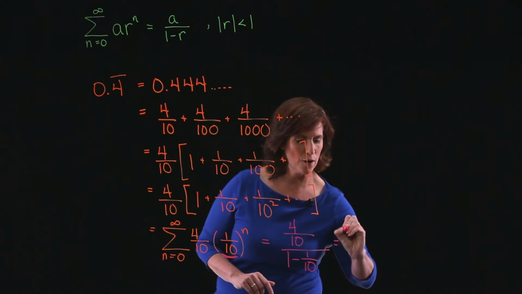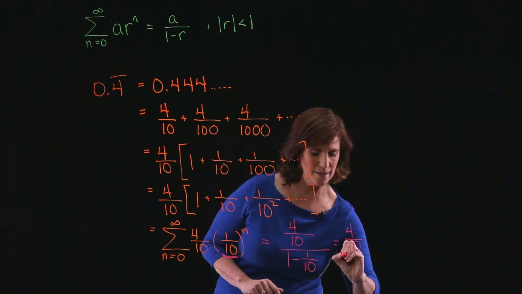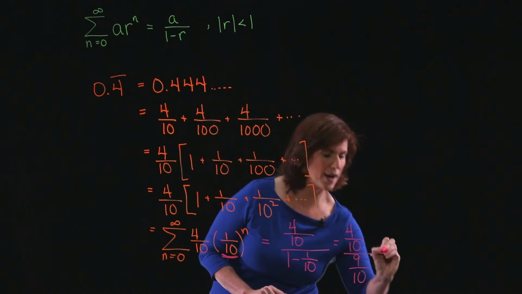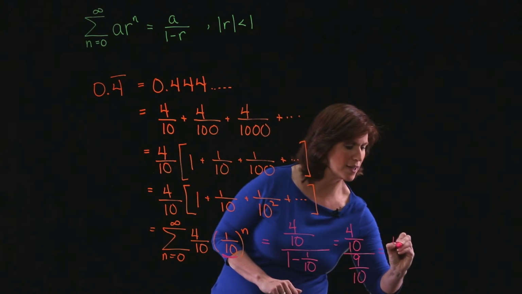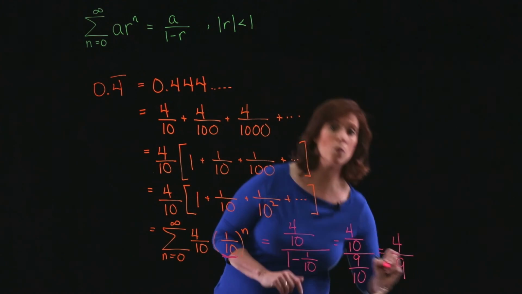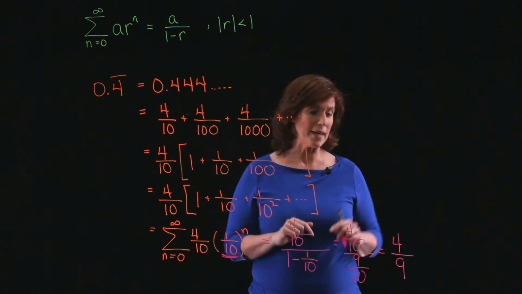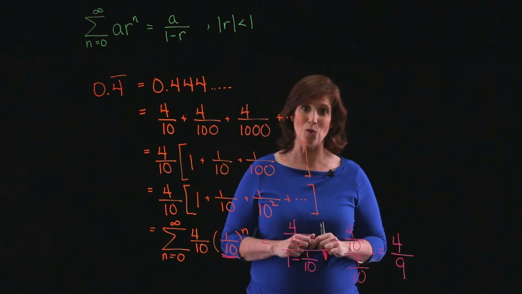So I have 4/10 divided by 9/10, and when I invert and multiply, the tenths cancel, and I end up with 4/9. That decimal 0.4, where the 4 repeats, is exactly the same thing as 4/9.